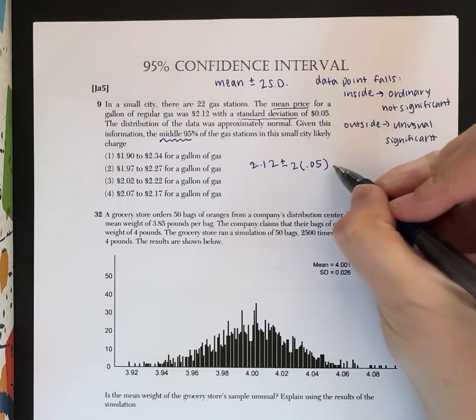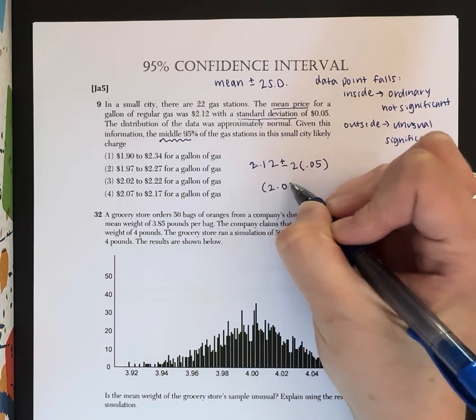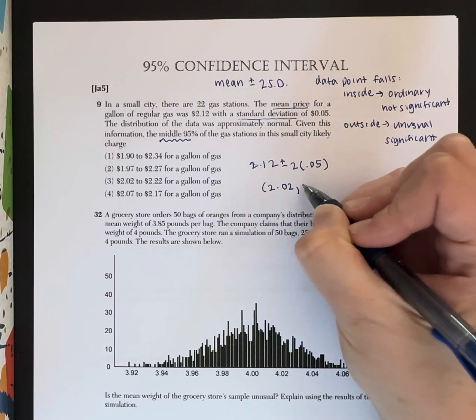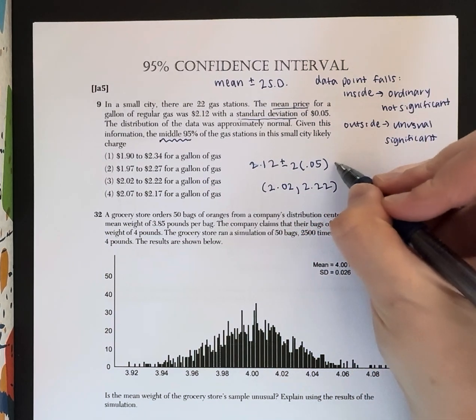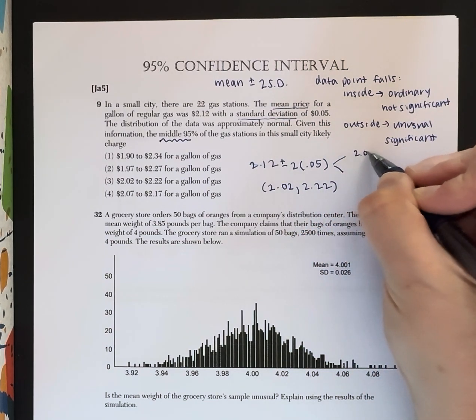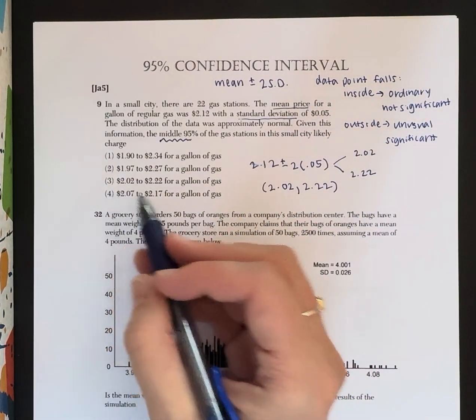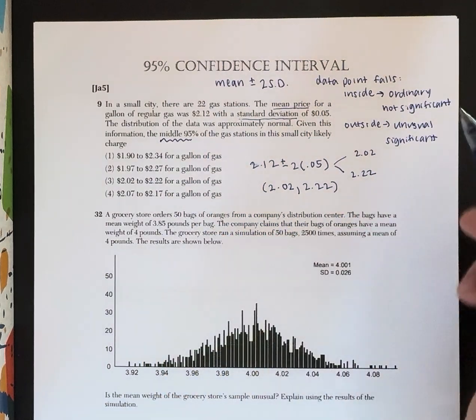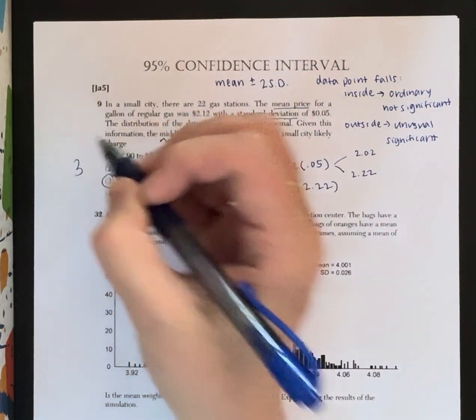Now usually we write it as an interval. We would write 2.02 since that was the lower answer, and then 2.22 for the higher answer. Now this is dollars, and all it's looking for is the interval. You don't have to do any of this extra stuff, so it's just option 3.